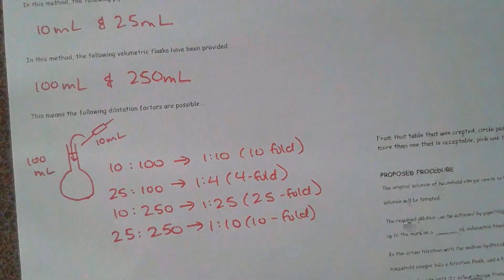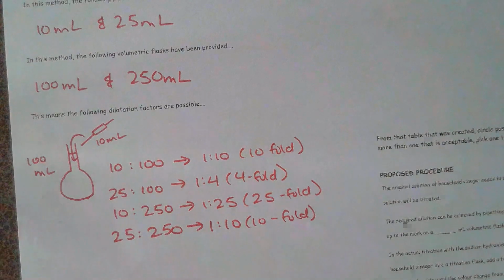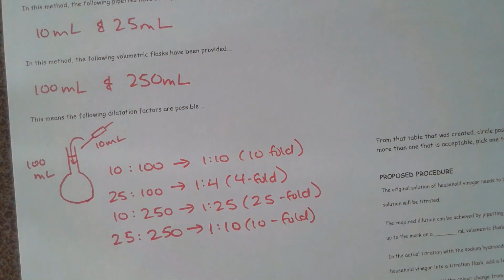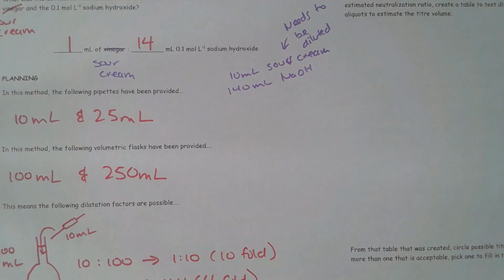Okay. Cool. So let's talk about the calculation. I want to calculate, if I diluted my stock, how much would the titrate volume be? So how much would I need of the sodium hydroxide from the burette? And I want to hit a certain range. I want to ideally have my titrate volume be between 10 and 25 milliliters. And I'll explain why in a moment.